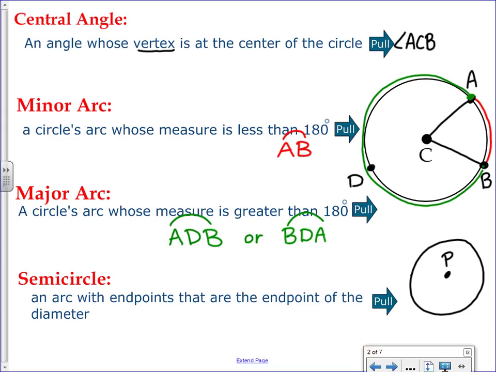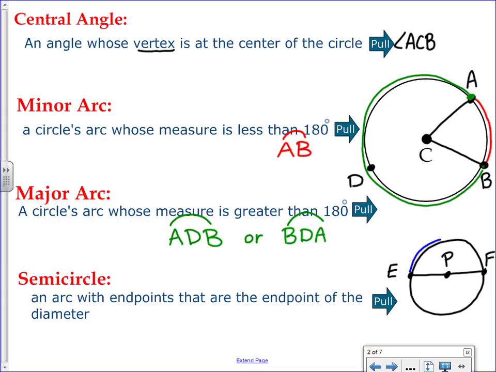And I'm going to draw a diameter. Let's name it EF. Anytime you have a diameter, it's going to split the circle in half, and they're going to be 2 equal pieces.